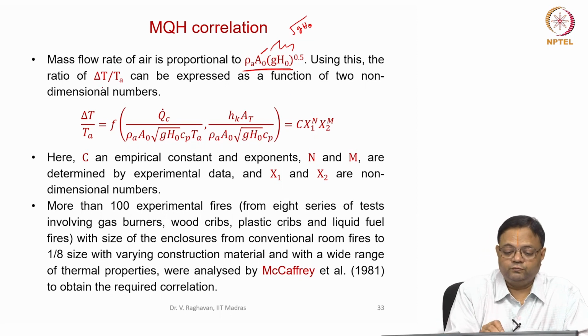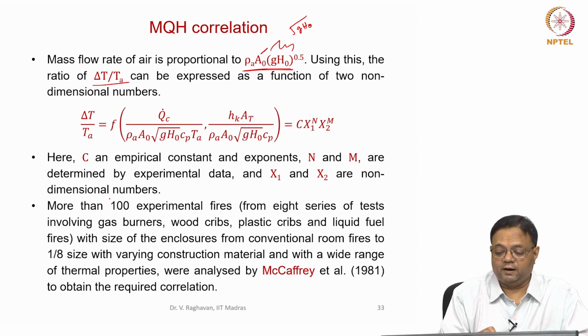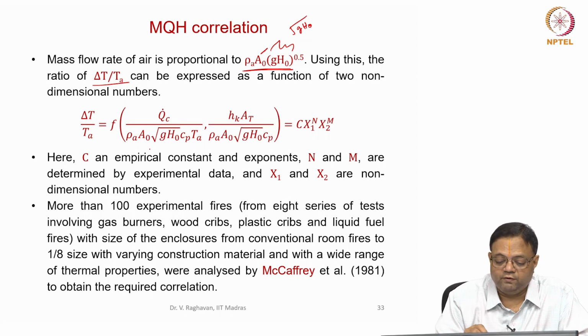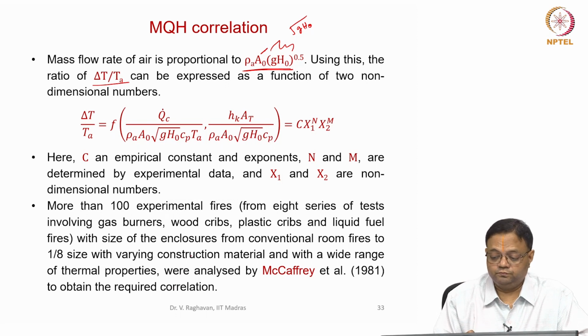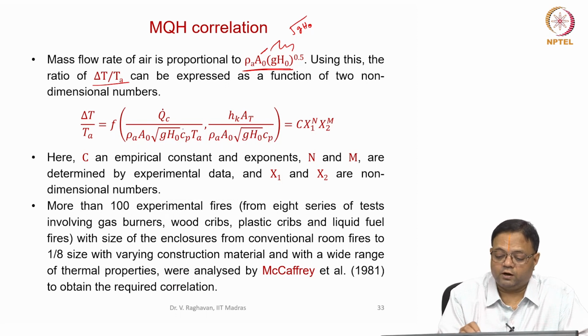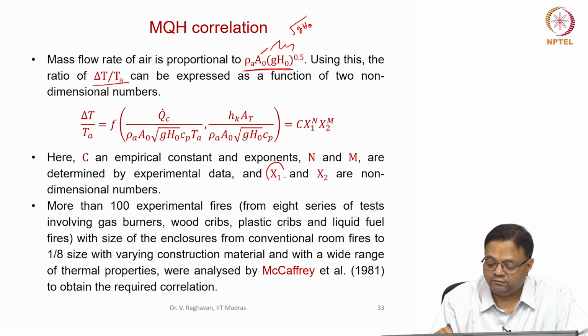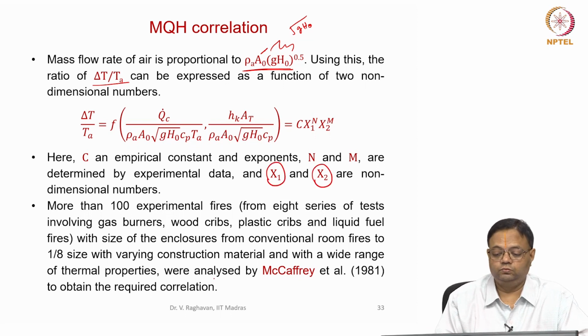So, using this, the ratio of delta T by Ta can be expressed as a function of two non-dimensional numbers. One is Q dot C divided by rho A naught under root g h naught Cp Ta. The second one is Hk At divided by rho A naught under root g h naught into Cp. These are the two non-dimensional numbers designated as x1 and x2.